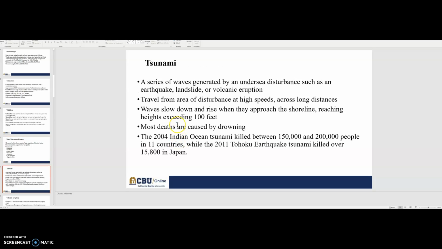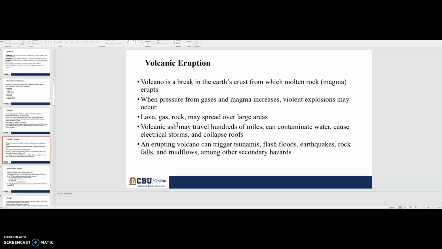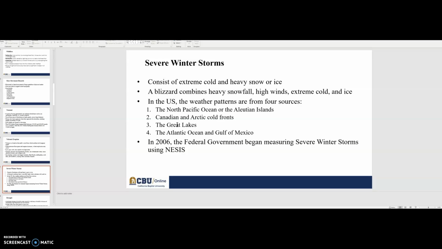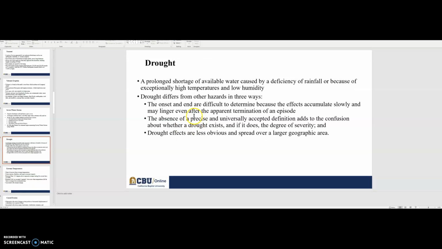You're going to get into tsunamis, not really a big thing here in the United States, but something we're aware of. Volcanic eruptions, winter storms. We had those earlier this year with the big freeze down in Texas, and pipes were frozen and people were freezing. These are all part of winter storms and all part of emergency management.